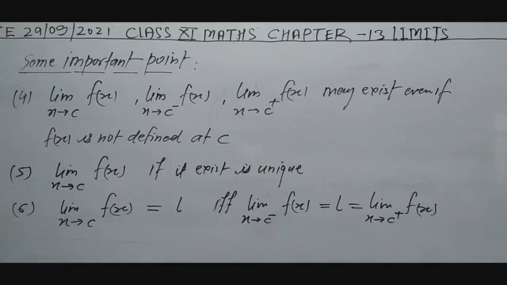For the existence of the limit x tends to c plus f(x), f(x) must be defined for all x in the right deleted neighborhood of c. And fourth point is limit x tends to c minus f(x), limit x tends to c plus f(x) may exist if f(x) is not defined at c. This is the fourth point.